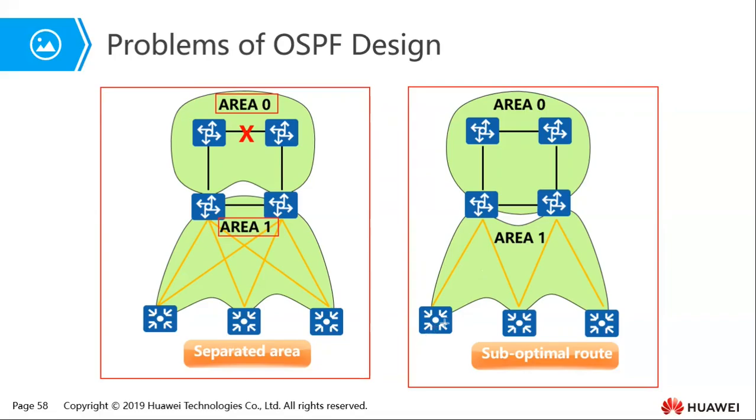So if this device needs to send a packet to this device, it's going to send it to the ABR here. Then the ABR is not going to send it outside this area. It's simply going to send it, for example, to this device because it's connected to this one but not this one. Then this is going to send it to this one, then this one to this one.